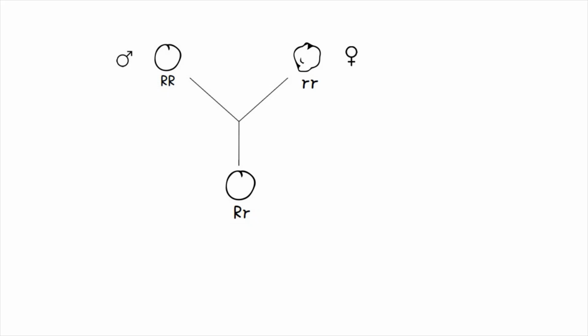So suppose we have a plant that produce seed with round shape, and this plant inherit two copies from its parent, one from each parent, capital R copy from its round seed shaped plant, and small r copy from its female plant that produce wrinkle shaped seed.